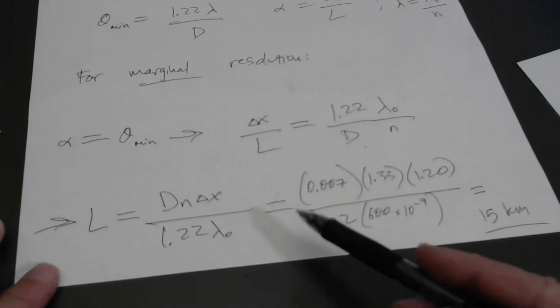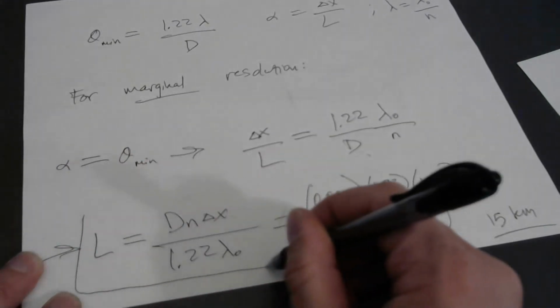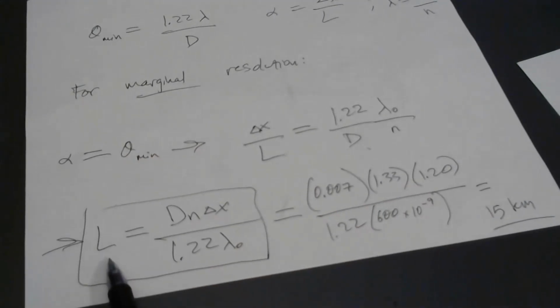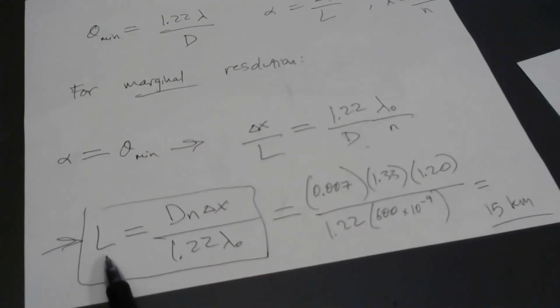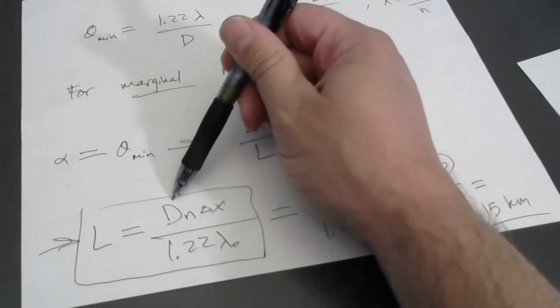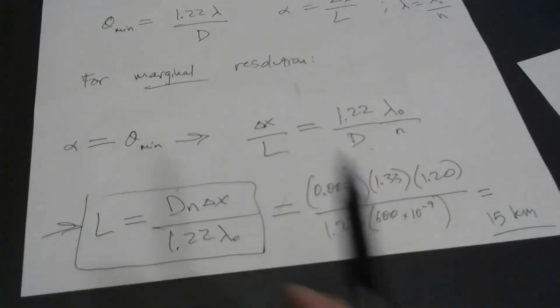Well, let's look once more at the formula. How could you improve this scenario? If you wanted to put this car farther and farther away and still be able to resolve the two headlights, one thing you could do is make your pupil bigger. Well, we can't do that. We're kind of stuck with the pupils we've got.